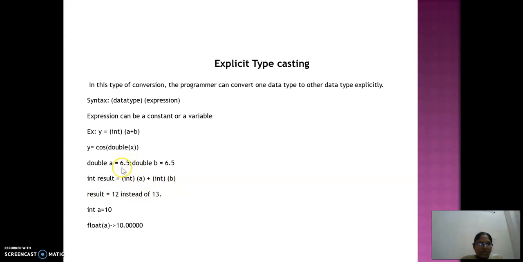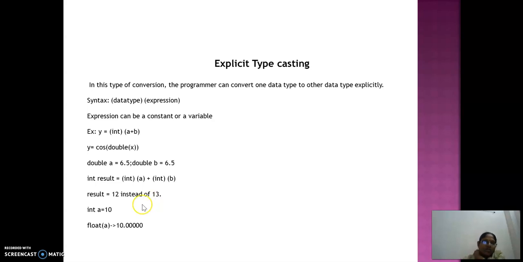Instead of performing 6.5 plus 6.5 equal to 13.0, I am converting the double value into int, and b value also into integer. So it converts 6.5 into 6 here, and this 6.5 as 6 here. So the result will be 12 instead of 13. That means there is a loss of data.